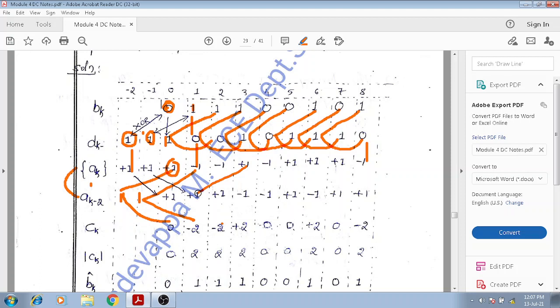Yes, 0. So for this bit, plus 1 minus plus 1 is 0, right? So here it is 0. Next, for this minus 1 minus 1, minus 2.